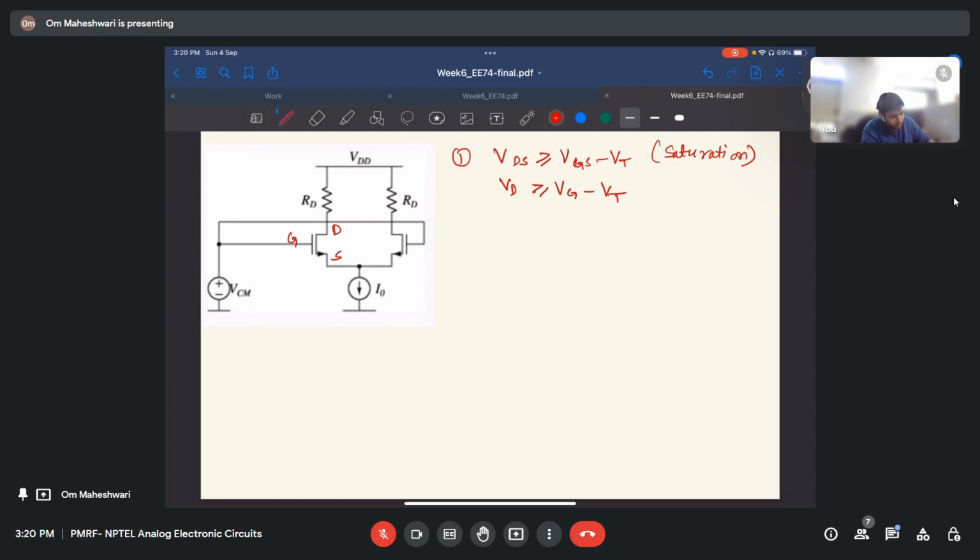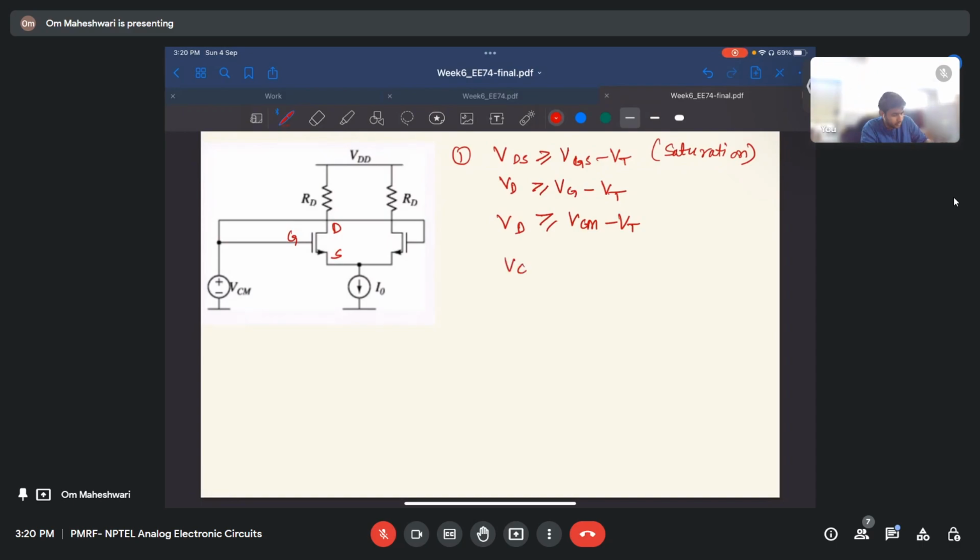So here, let me just write VCM minus VT. VD should be greater than VCM minus VT. So VCM should be less than or equal to VD plus VT. So it gives me an upper bound on VCM, right? So VCM max equals VD plus VT.